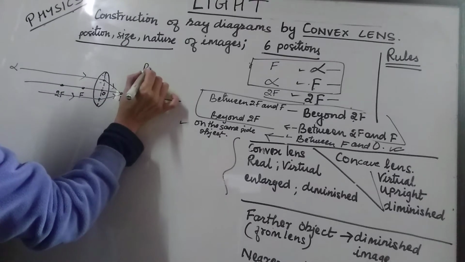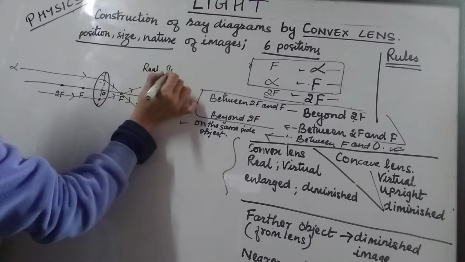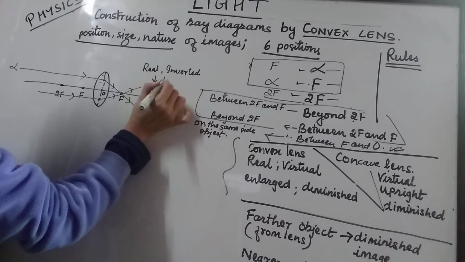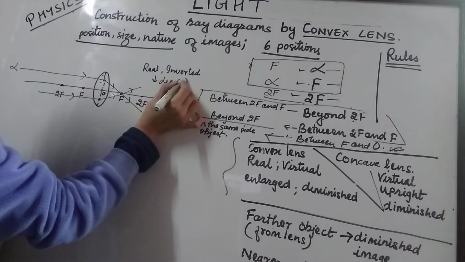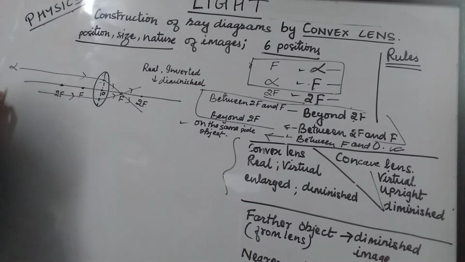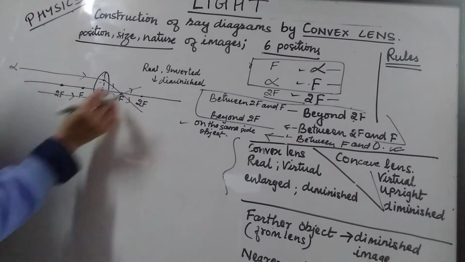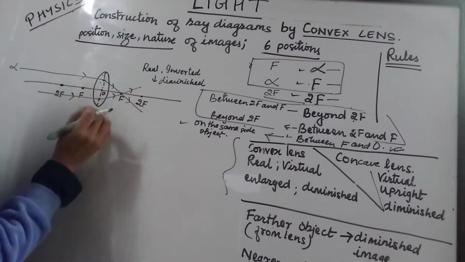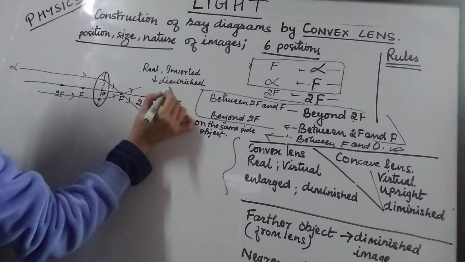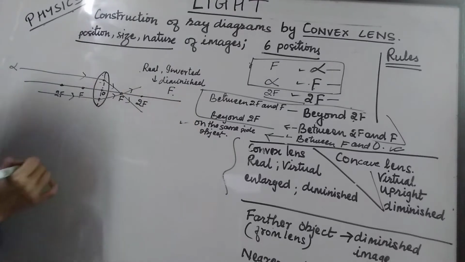Real, inverted and diminished. Diminished means smaller in size, right? Because the object is at infinity distance. Farther the distance, smaller is the object. So real, inverted, diminished, position at focus F, right?